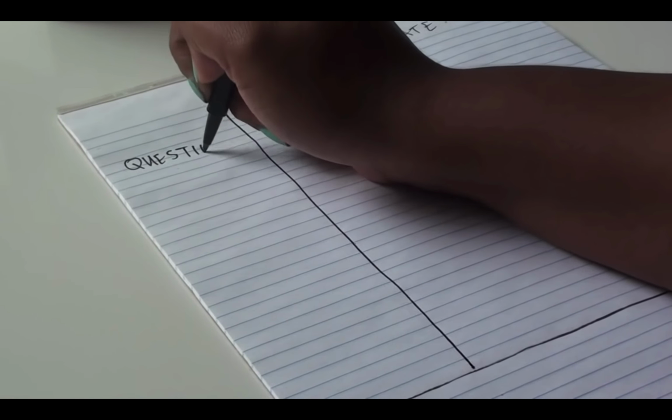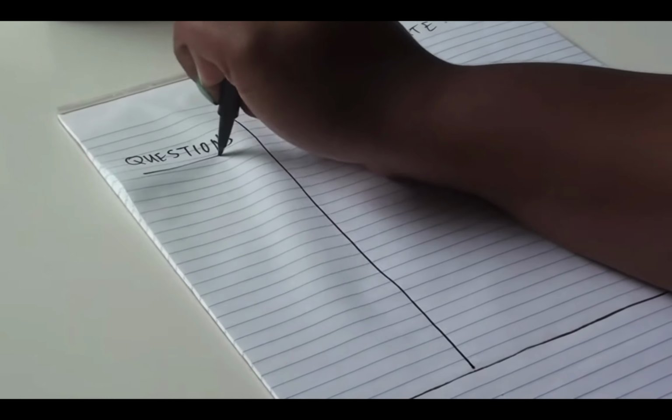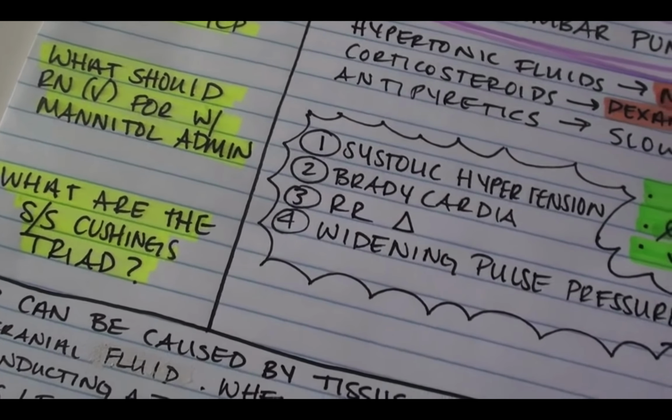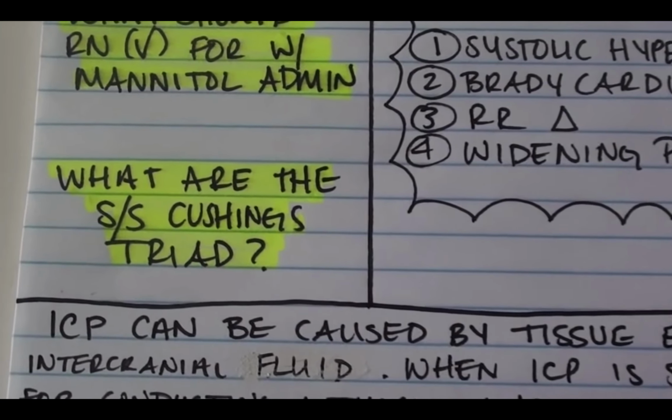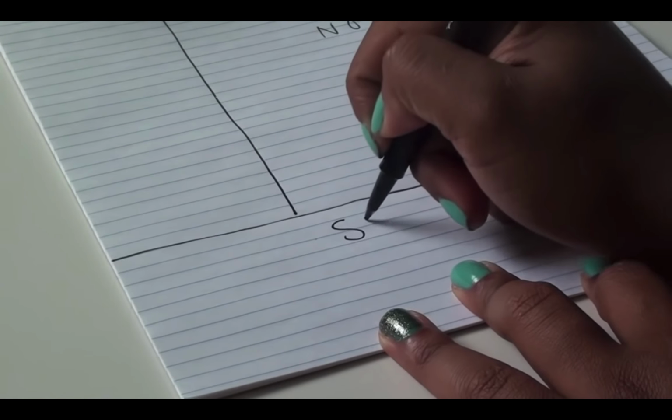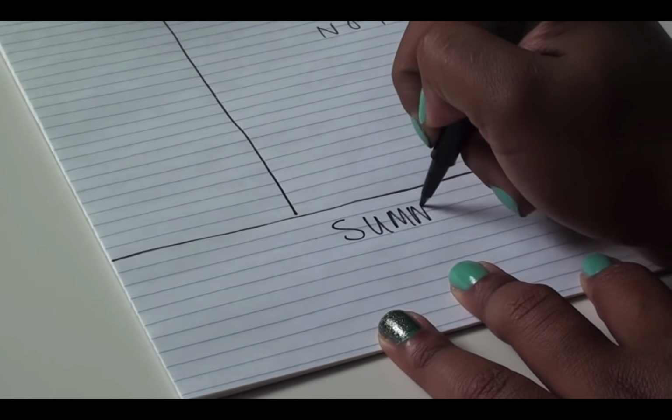After lecture, or after you've completed your reading, you're going to use the left-hand side to pull out key ideas, definitions, and questions that you create based on the information that's in the middle section. Once you've done that, at the bottom of the page, you're going to summarize what that topic is about.